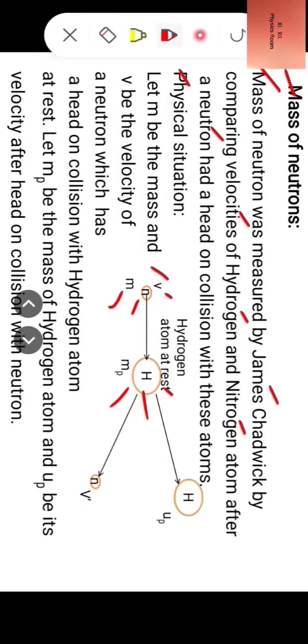Now let mp be the mass of the hydrogen atom and up be its velocity after head-on collision with the neutron, and v dash be the velocity of the neutron after collision.